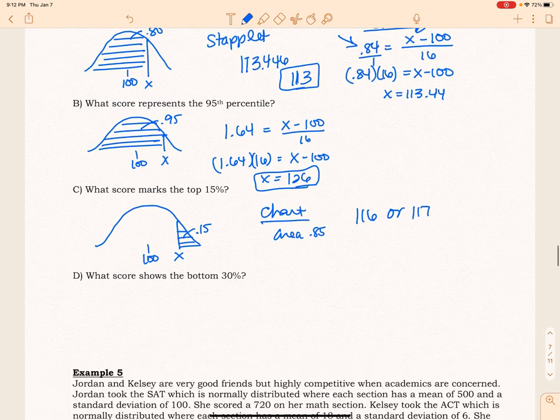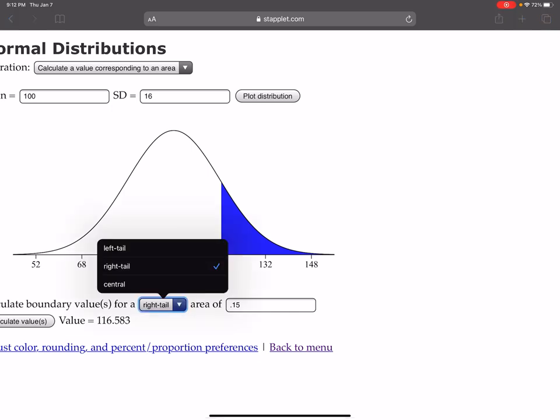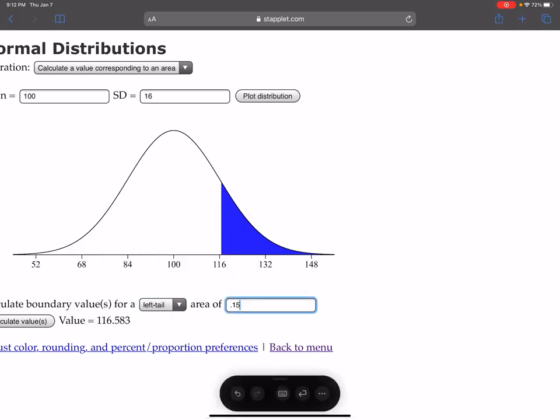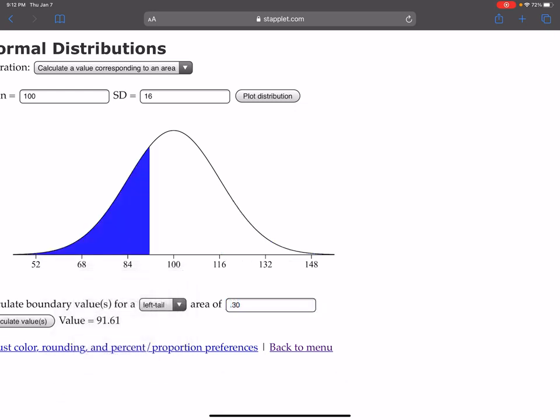Okay, and then part D, what scores show the bottom 30%? So bottom 30%, again, for the sake of time, I'm going to show you in Staplet. Be left-tailed. 30%, 91.61.